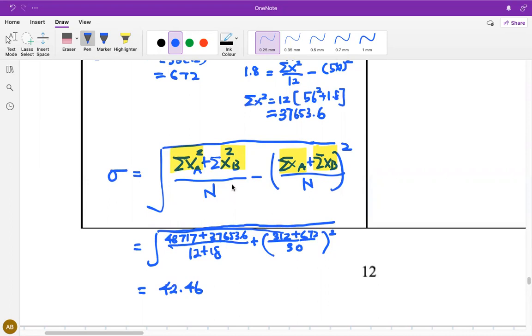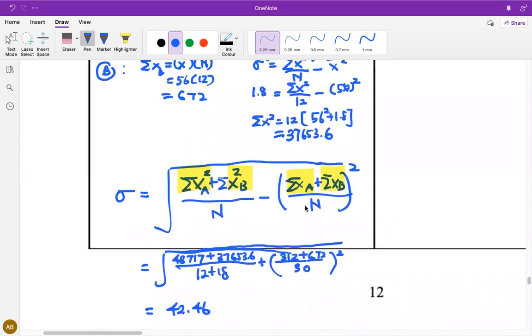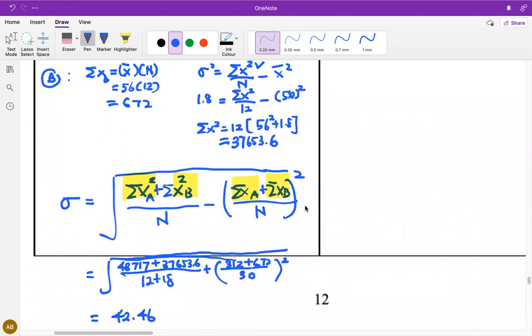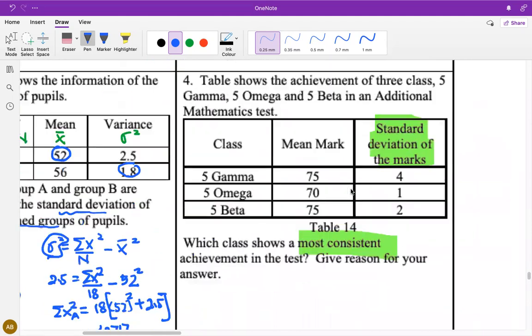So A is 18 and B is 12, you add them together, it becomes 30. So this is how you find the combined mean for two sets of data. If three sets of data, it's also the same. You just find three sets of sum of data and three sets of sum of square data. Okay, so we go to the next one.